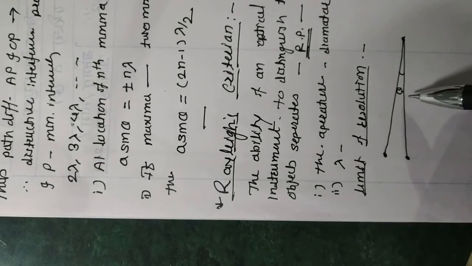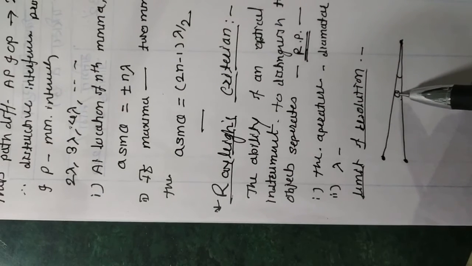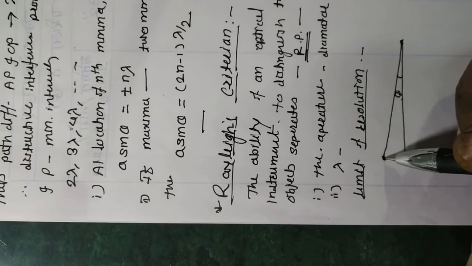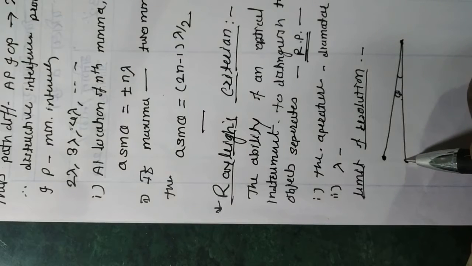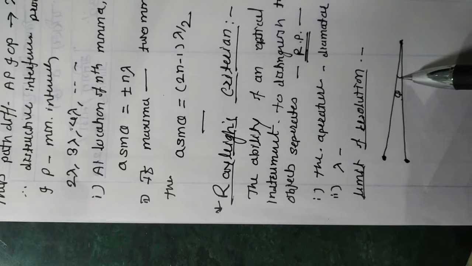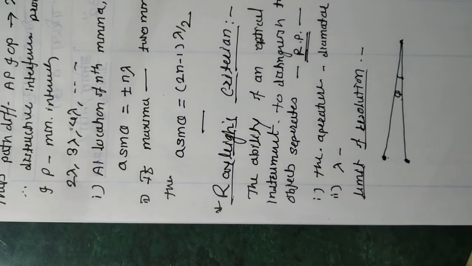Suppose this is one object and this is another object. If these two objects are resolved from each other, then the angle made by these two objects at the eye is called the limit of resolution.